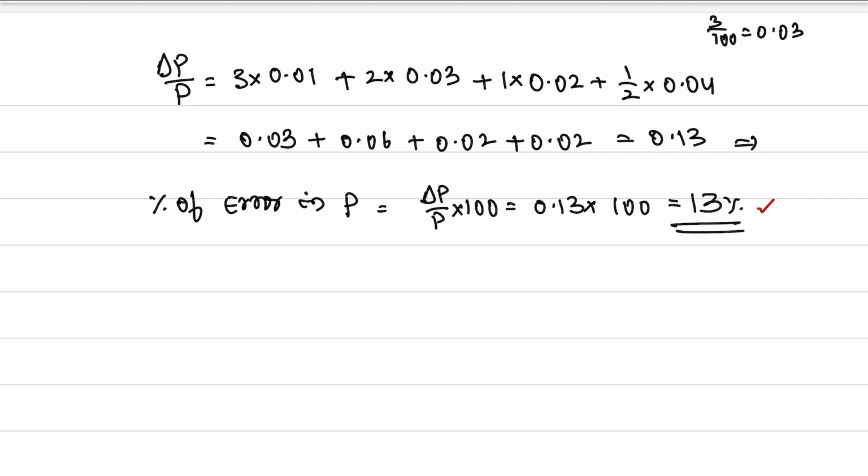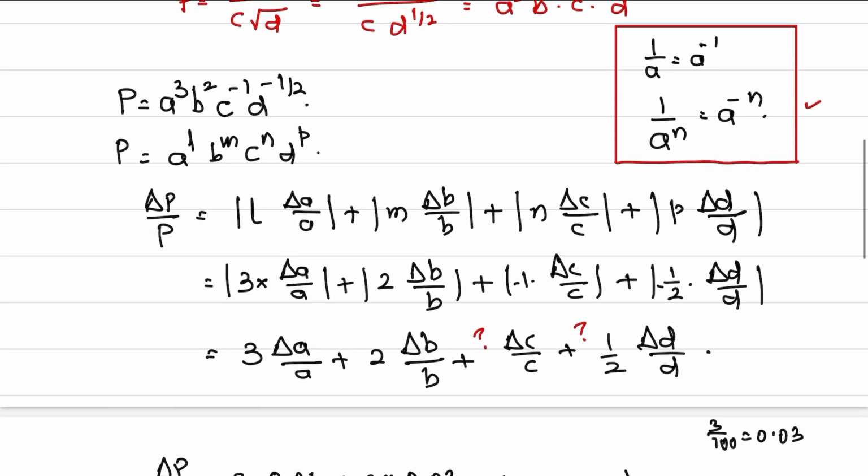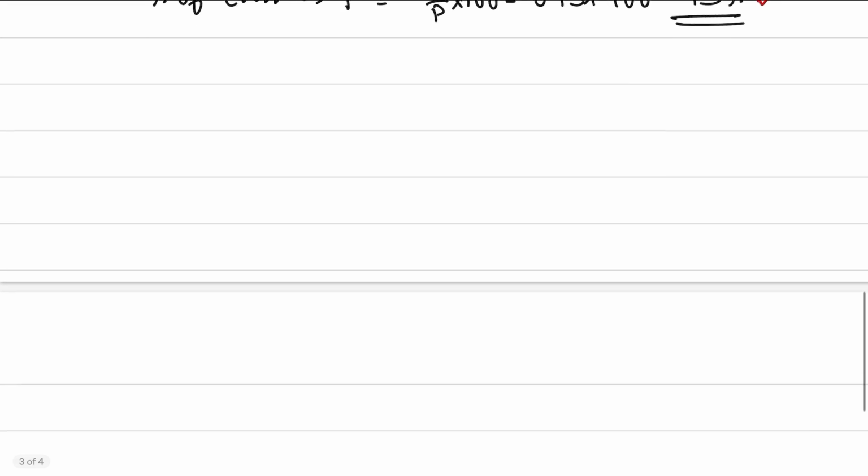Thank you for listening to me, and I have used two concepts here, logarithmic concept in addition to the power concept and error propagation concept. Logarithmic concept is here, and for your benefit I am going to repeat the logarithmic concepts and basic concepts.